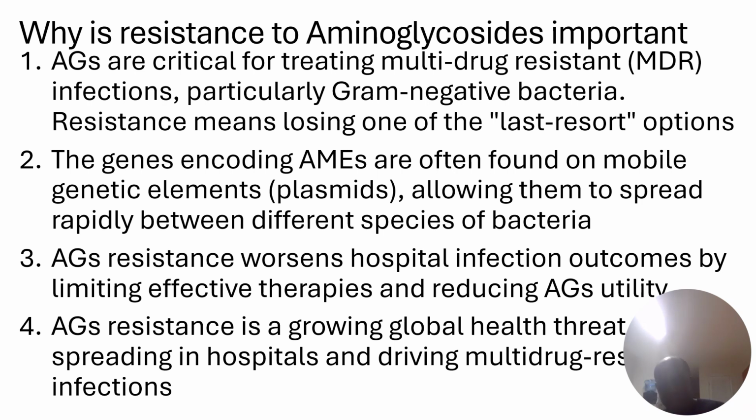Resistance to this antibiotic therefore means losing one of the most important last resort options. Again, the genes encoding AMEs are often found on mobile genetic elements such as plasmids, allowing them to spread rapidly between different species of bacteria.